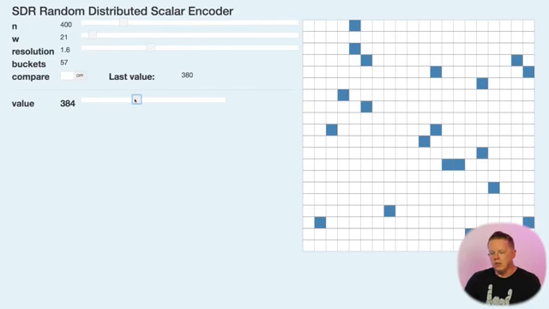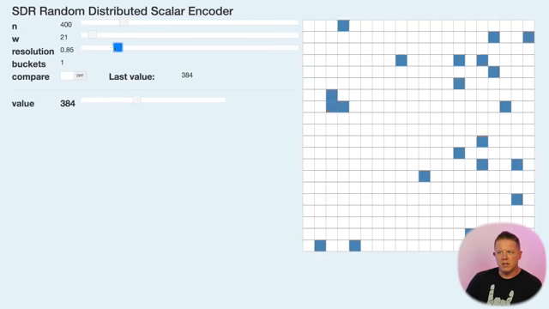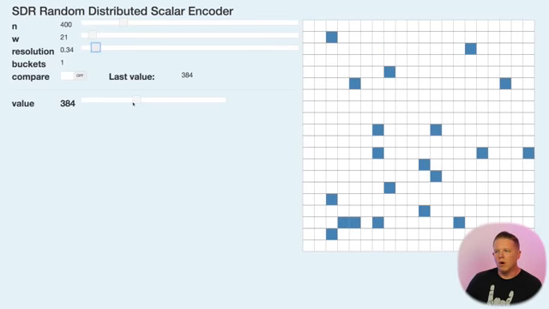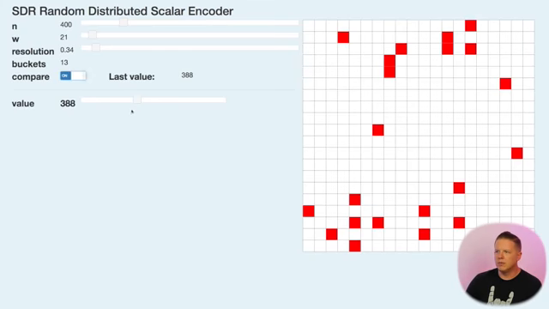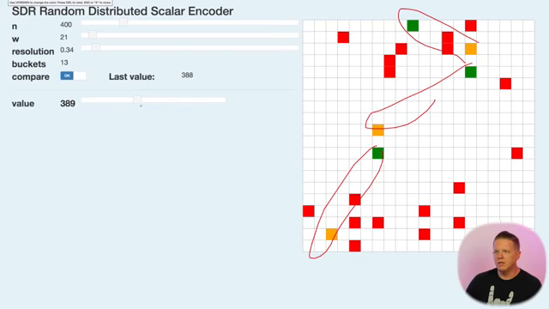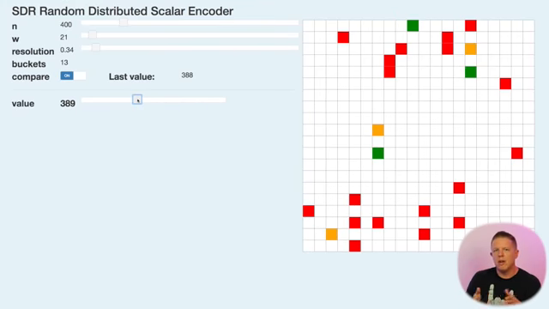So I've been using integer values for all of these encodings. Both of these encoders handle decimal values just as well. I'm just not showing that example. For example, if I take the resolution below 1 or between 1 and 0, you'll see as we turn this comparison on that there's more than one bit that's changing between buckets because there's more than one bucket being created between these 2 values because it's making room to store the values in between the integers, right?